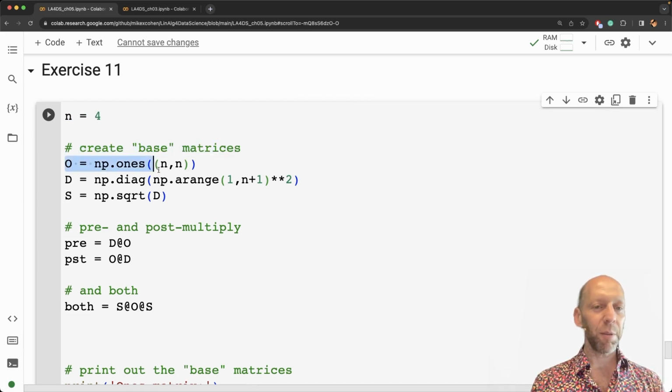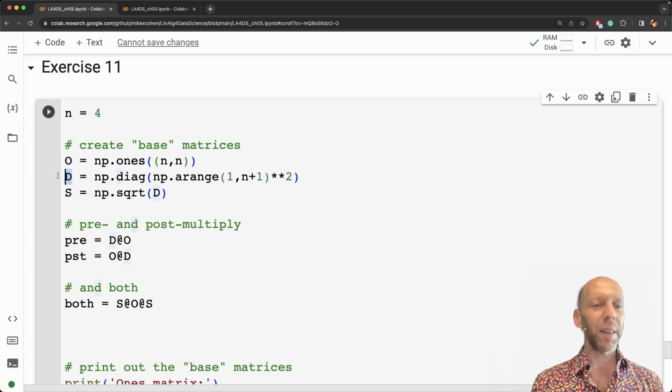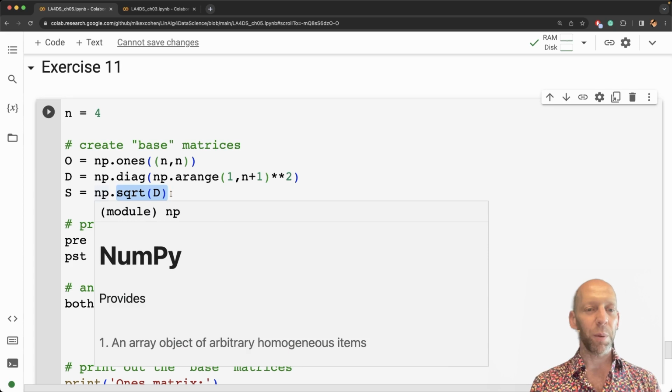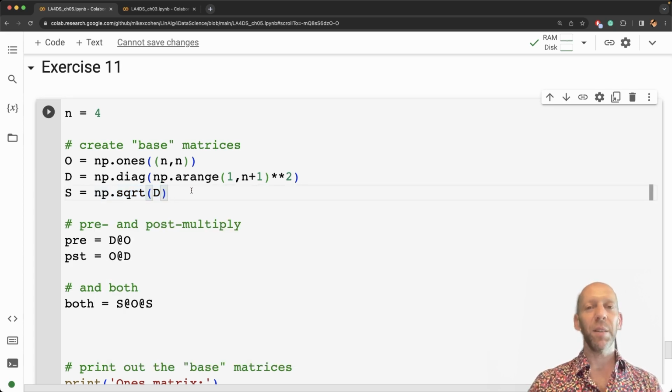This is our matrix of ones. Here we have our diagonal matrix of the numbers 1 through 4, and then squared. And then we have the square root of that. Again, you could also have constructed this to be a diagonal matrix with the numbers 1 through 4 on the diagonal, and then square that matrix instead of taking the square root.